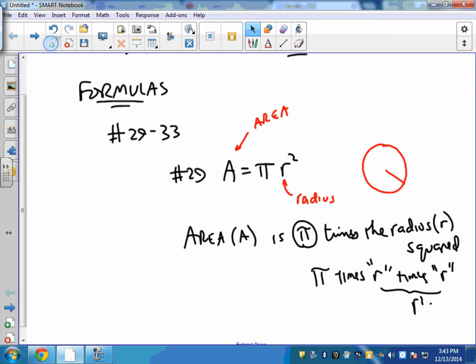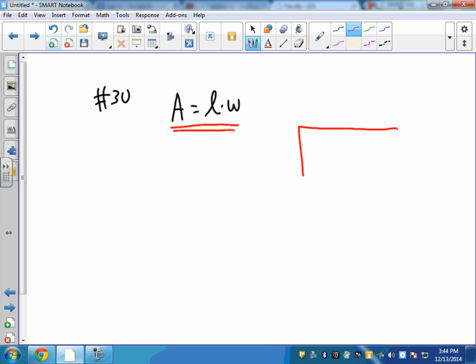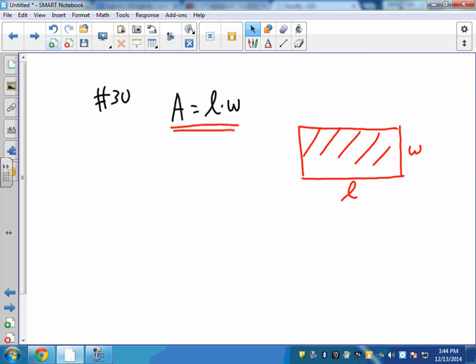Let's pull up another page and try problem number 30. Again, a formula that you should recognize. A is length times width. Well, I sort of gave it away. So A is again an area, but this is not a circle problem. This is a rectangle problem, and you should recognize that from middle school: if you have a rectangle with a length and a width and you're trying to find the area inside, then you multiply the length and the width.